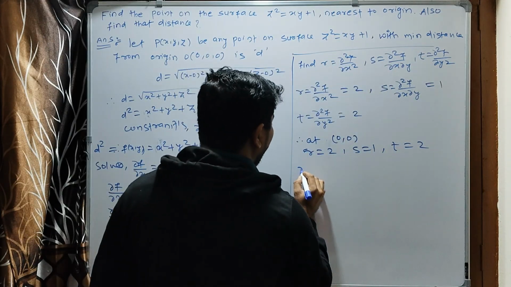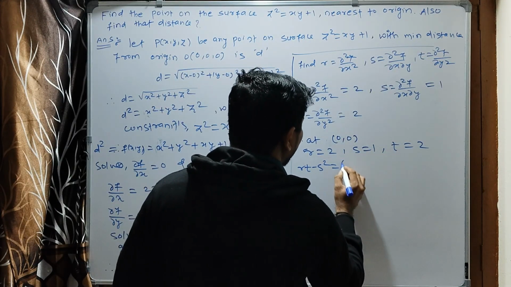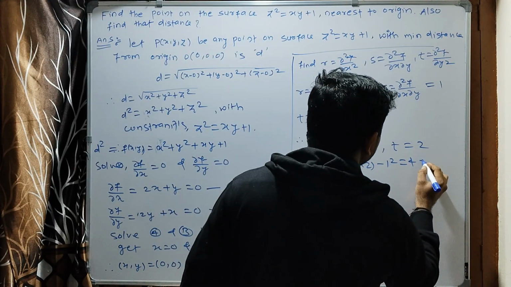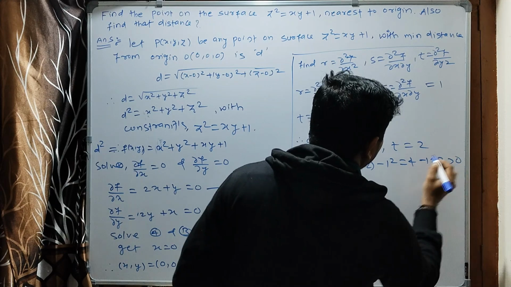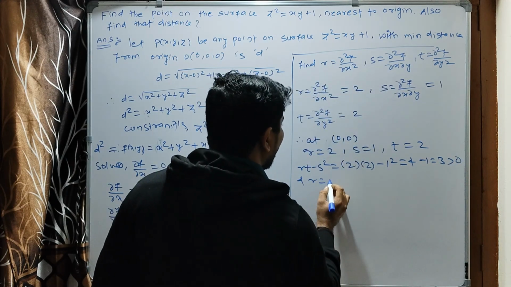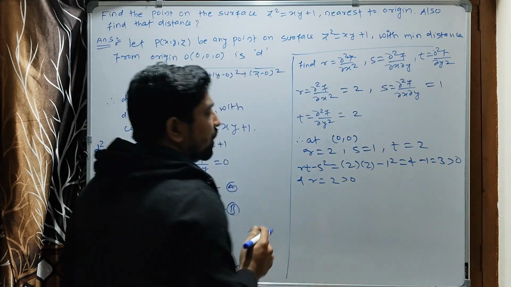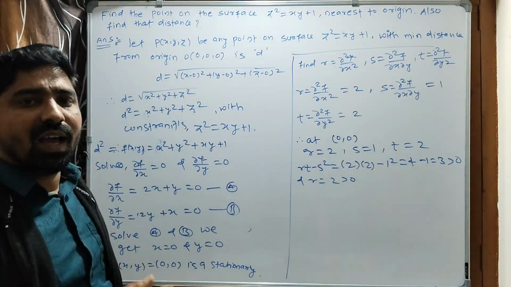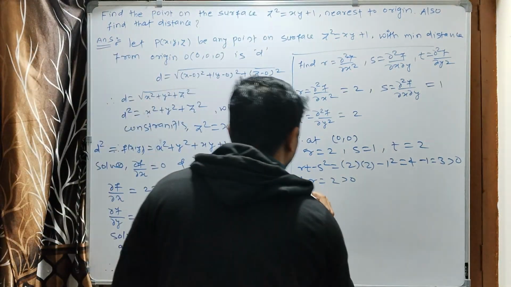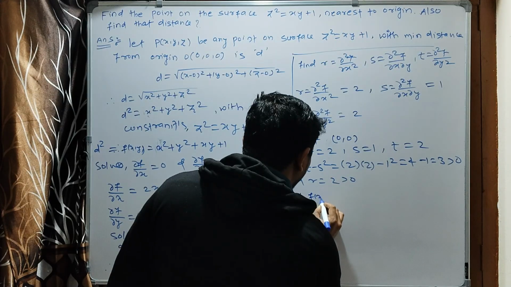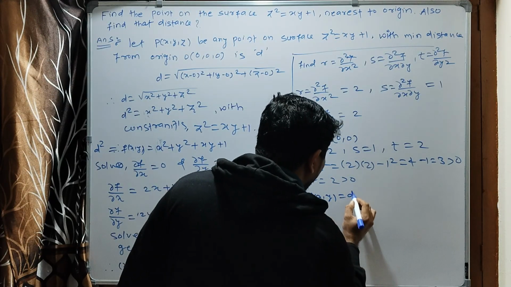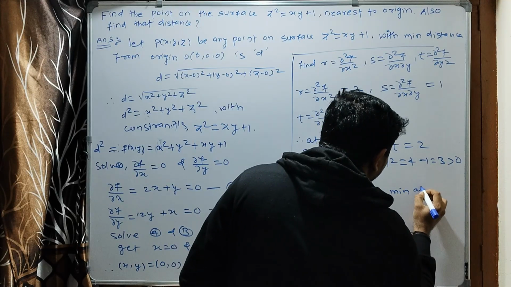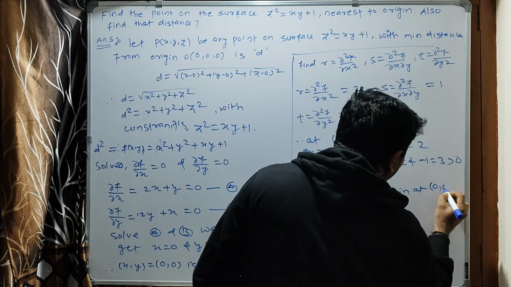Therefore rt minus s square equal to 2 times 2 minus 1 square, which is 4 minus 1, which is equal to 3, which is greater than 0, and r equal to 2 is strictly greater than 0. Therefore your function f of x comma y has minima at 0, 0. Therefore f of x comma y, which is equal to d square, has minima at point 0, 0.